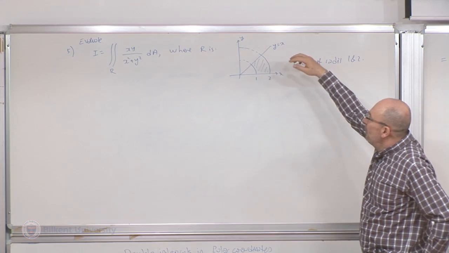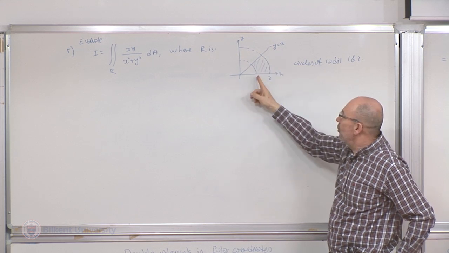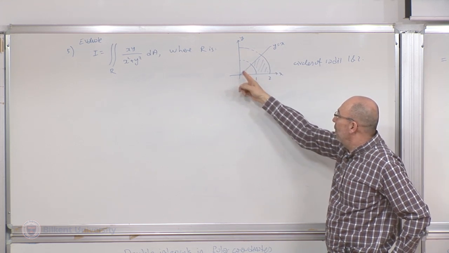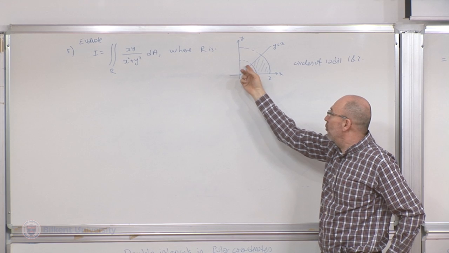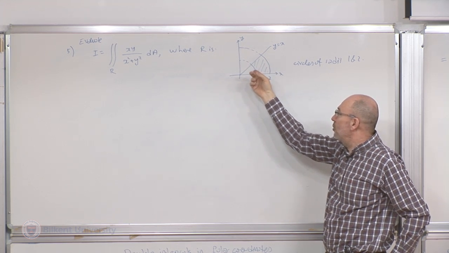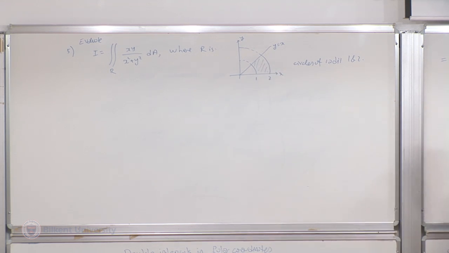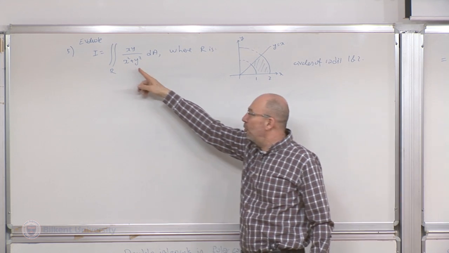Plus, the limits of integration will involve lots of square roots. If you integrate with respect to x, you'll go from here to here, so x is the square root of something here, square root of something here. In Cartesian coordinates, this is not impossible, but nobody wants to do it when it is begging to be converted to polar coordinates.